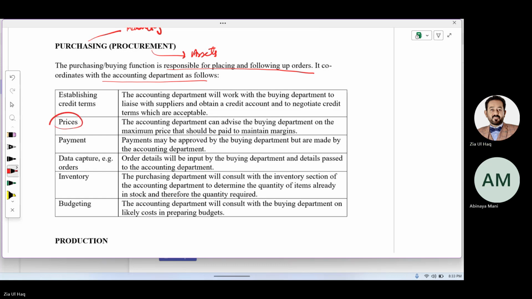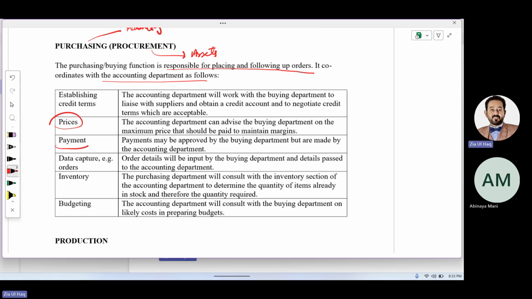Prices mean at what price we should buy the material from the supplier. The accounting department will inform, according to previous prices. Previously, we bought this material at this price, we obtained this much discount, now you should go for this.